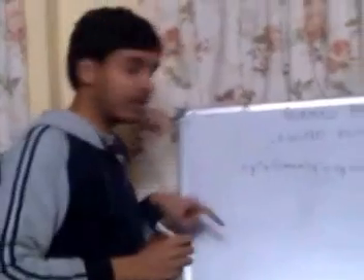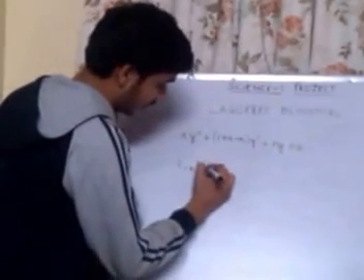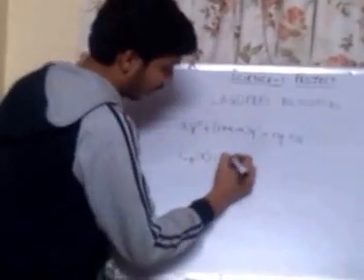The solutions of this differential equation are termed as Laguerre polynomials or Laguerre series. Now we will get some of the values as L0 of x, which is equal to 1, L1 of x, which is equal to 1 minus x, and furthermore.